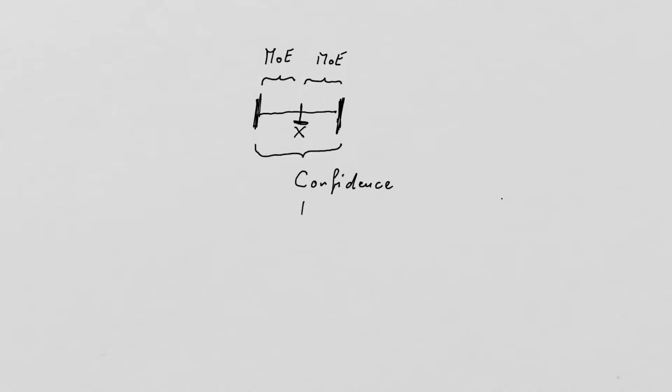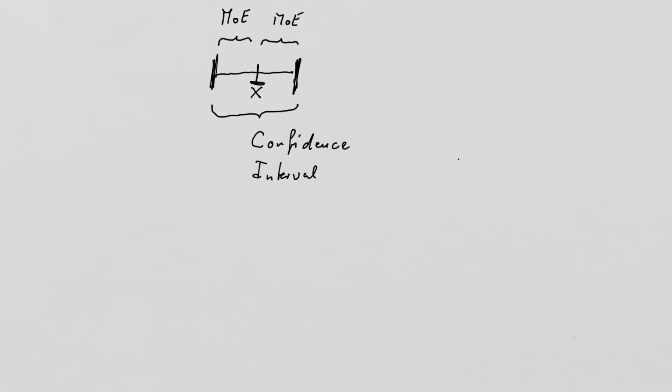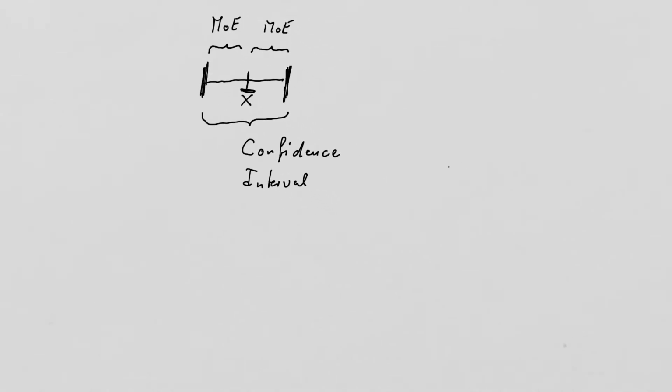What we are saying is that with this method of calculating a confidence interval, we get this range, and we believe that our true population mean is located somewhere in this range. Of course, we don't know where it is, but there is a certain range in which this population mean most likely is located.